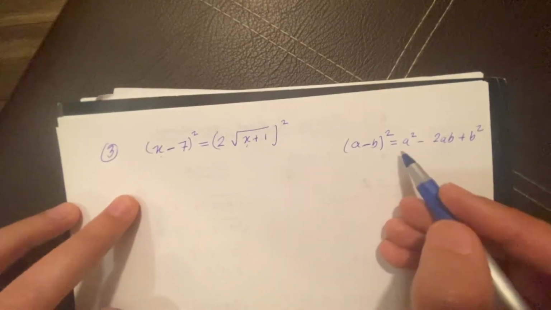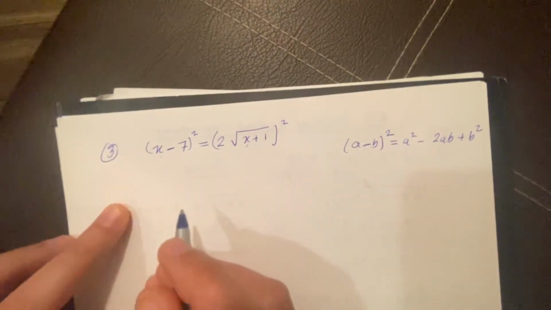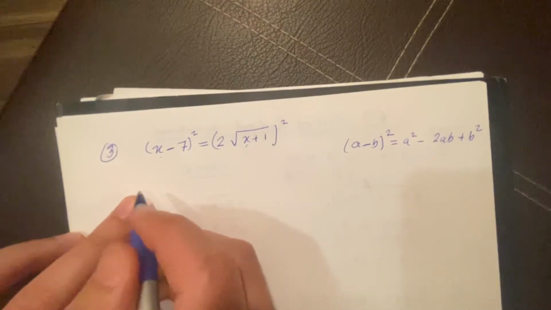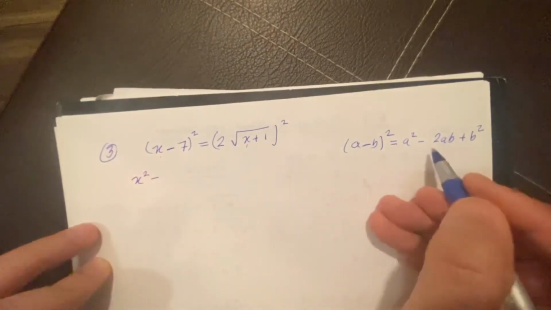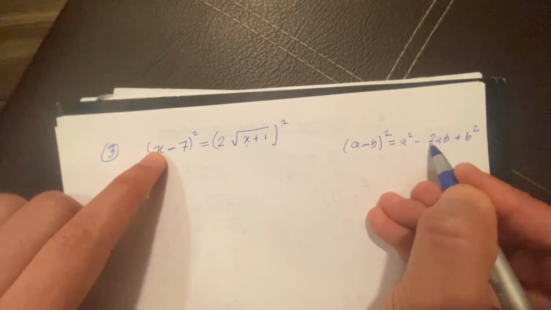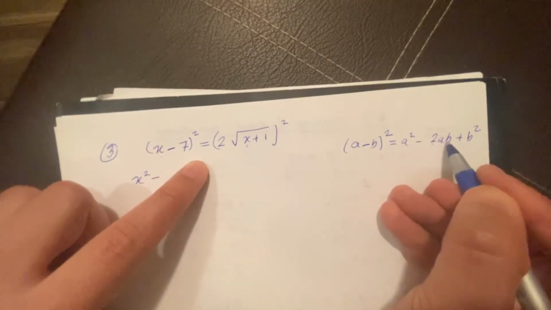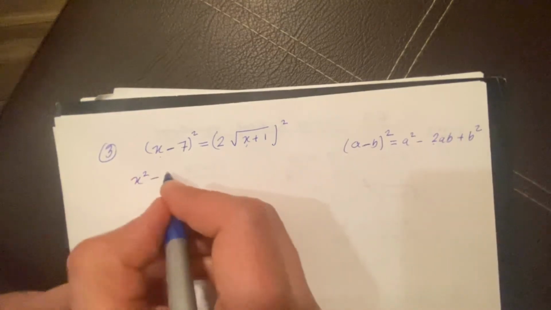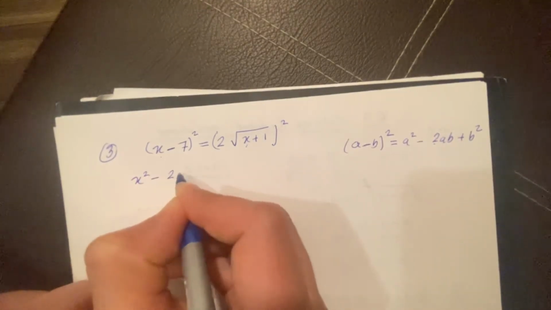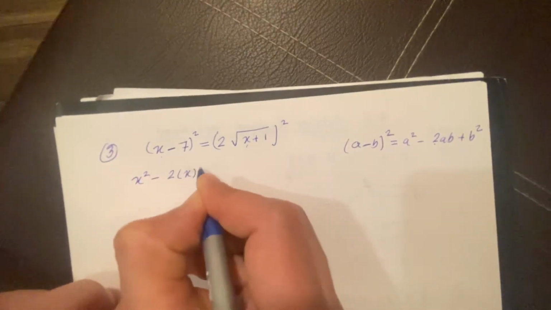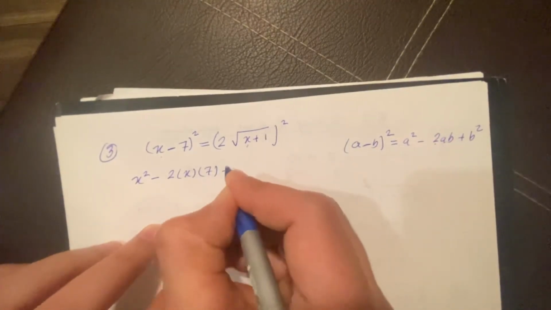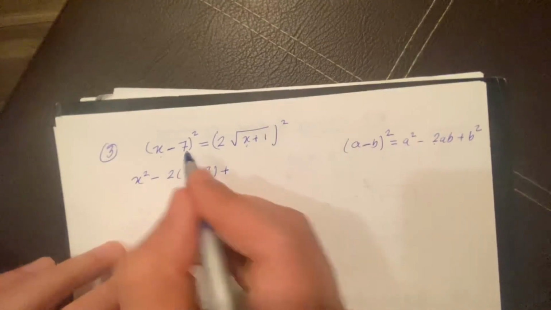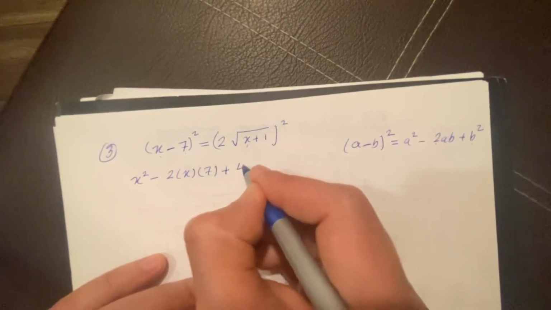So now using this formula, on the left hand side we will get x squared minus 2ab. a times b is 2 times x times 7, plus, because we have plus here, b squared, which is 7 squared, which is 49.